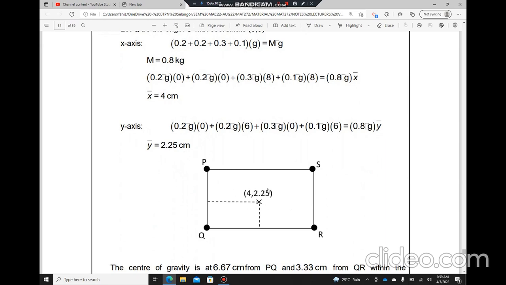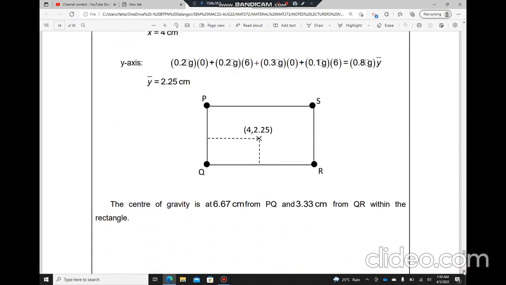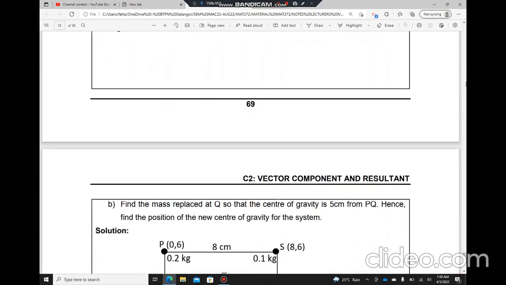So it is in the middle here. So this one you try to do for the Y axis. So the center of gravity is at 6.67 cm from PQ and 3.33 cm from QR within the rectangle. So it is inside the rectangle.